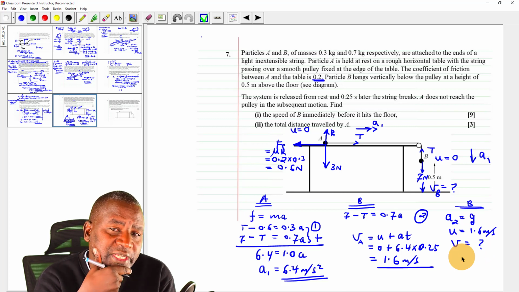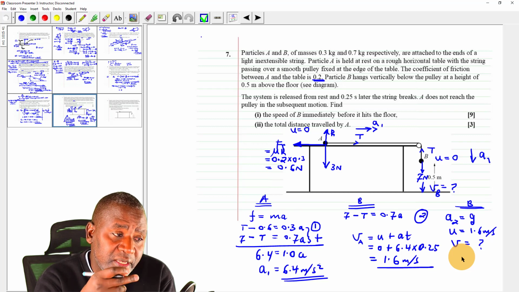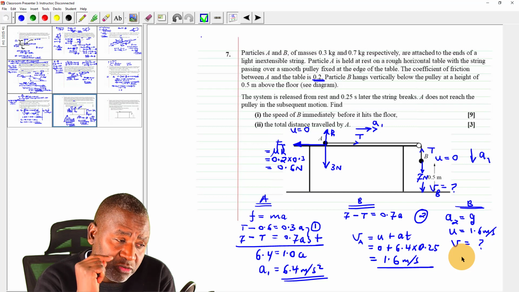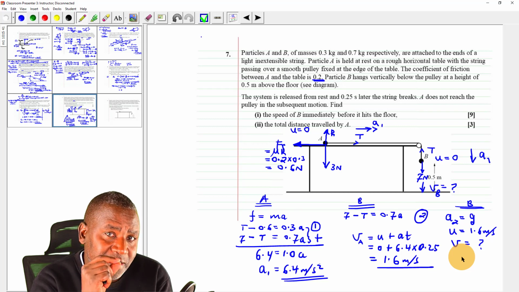So what equation can I use here? Can I use v equals u plus at, in which case I will need the t that it takes to travel from when the string gets cut to when it hits the ground. I don't know that t.